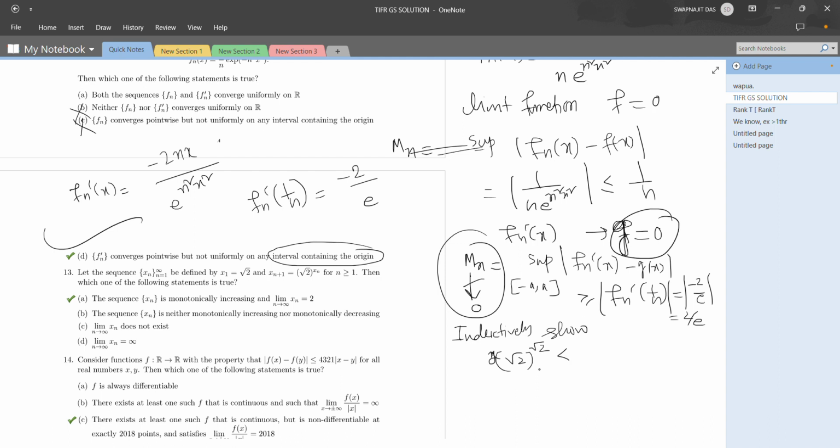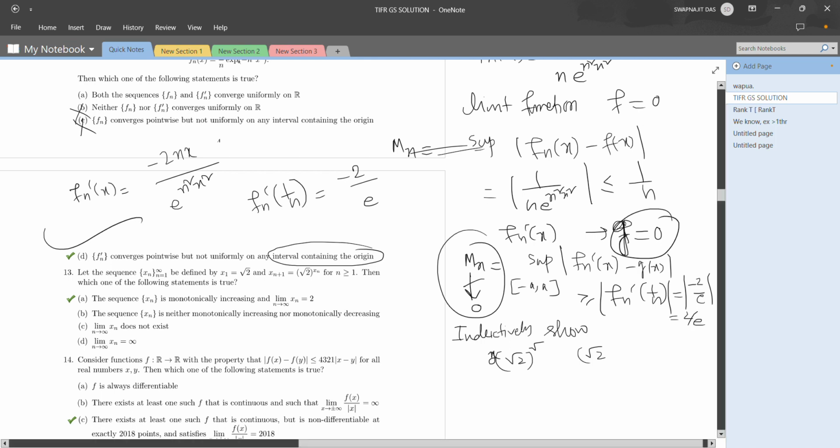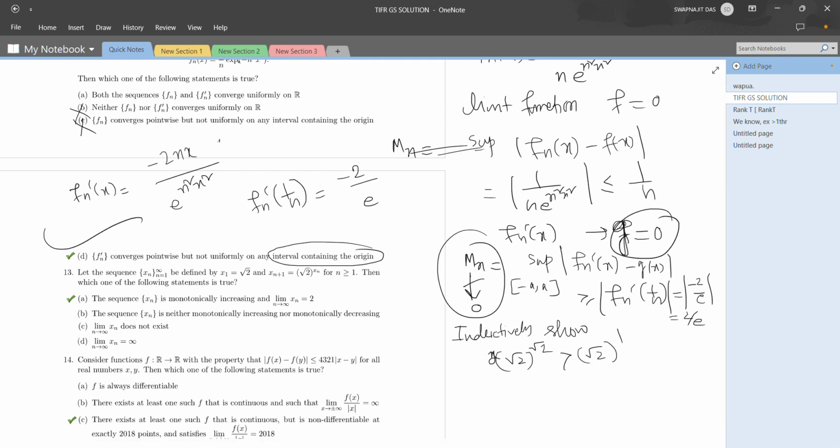First you can easily check that root 2 power root 2 is greater than root 2, because root 2 is greater than 1, right? That means x2 is greater than x1. Then assume that xn is greater than xn minus 1, then you can easily show that xn plus 1 is greater than xn. So that means xn is monotonically increasing.